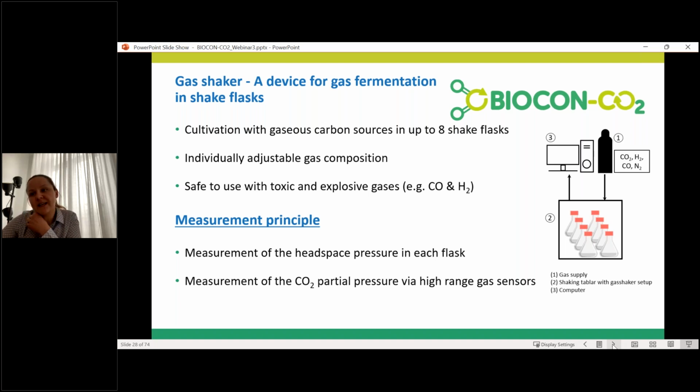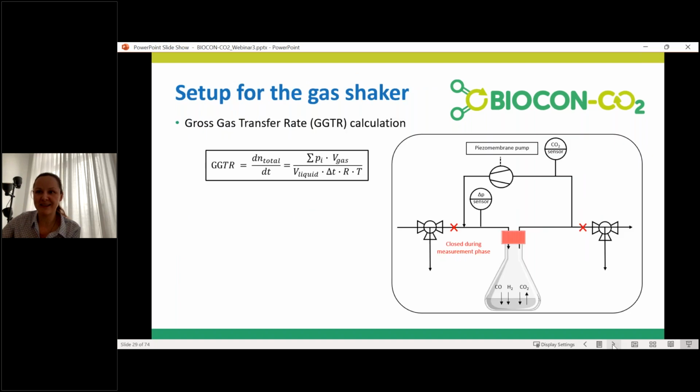On the right side, you see the basic installation of the gas shaker system. We have a gas supply at point 2, the gas shaker system, and a computer as a data evaluation unit.